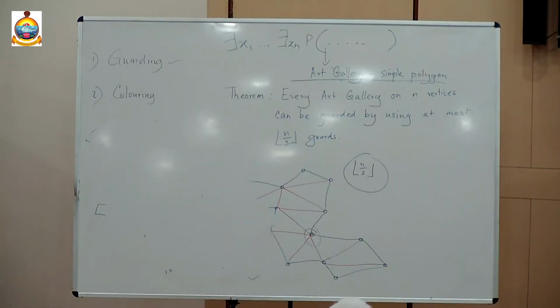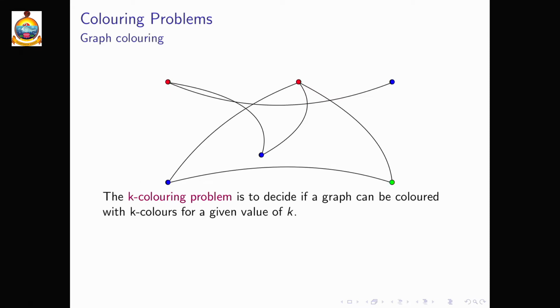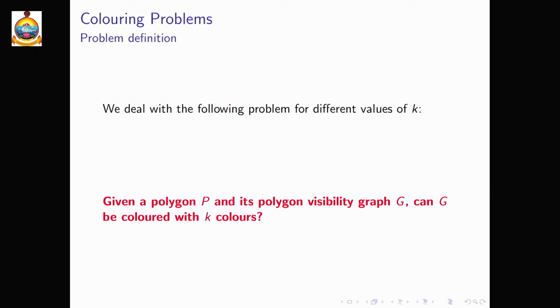So, a proper vertex coloring of a graph is an assignment of labels or colors to the vertices of the graph, so that no two adjacent vertices have the same colors. And okay. So, the k coloring problem is to decide if the graph can be colored with k colors for any given value of k. Okay. And so, the k coloring problem was actually open since 1992, like it was the only optimization problem open for polygon visibility graphs.